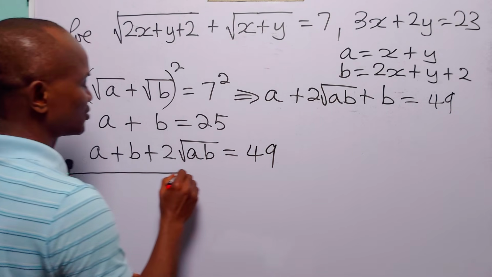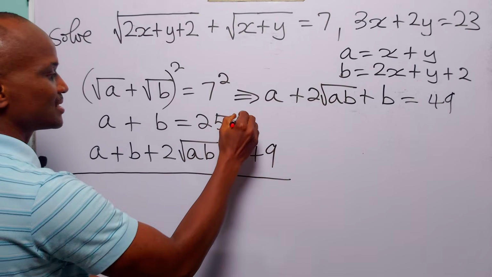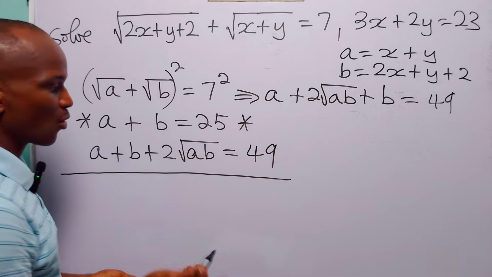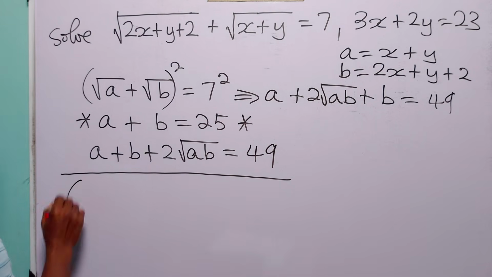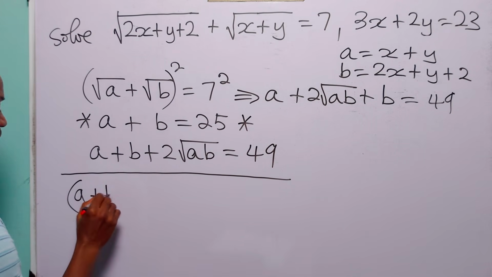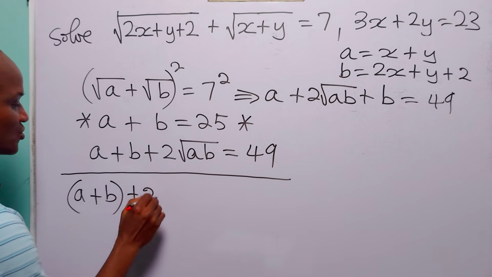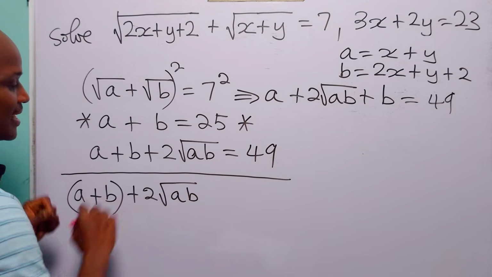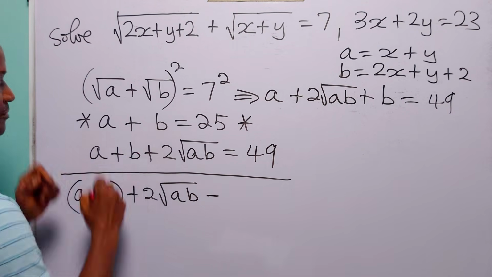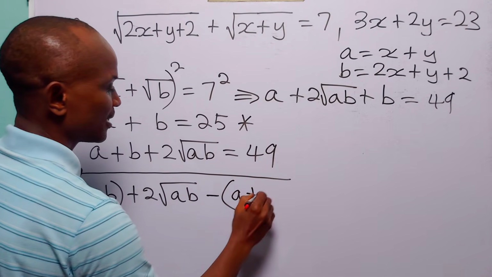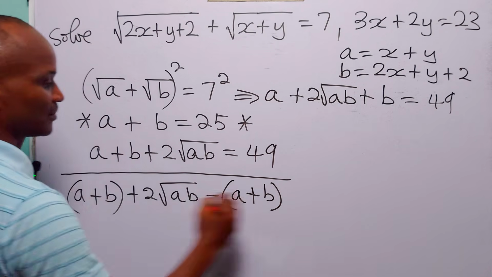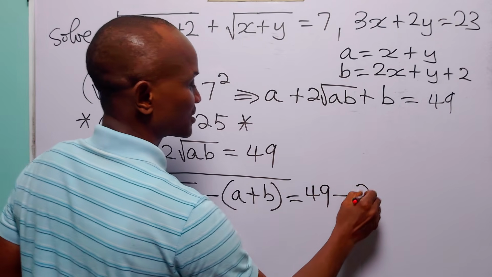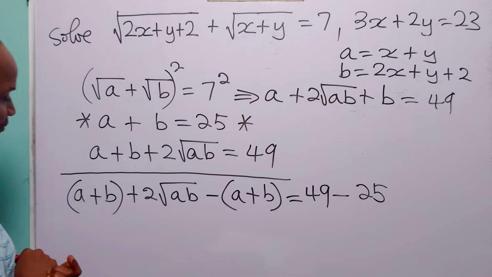Now, the next thing we are going to do is subtract this equation from this third equation. When we do that, we have that a plus b plus 2 root ab, that is this left-hand side, minus a plus b is equal to 49 minus 25.